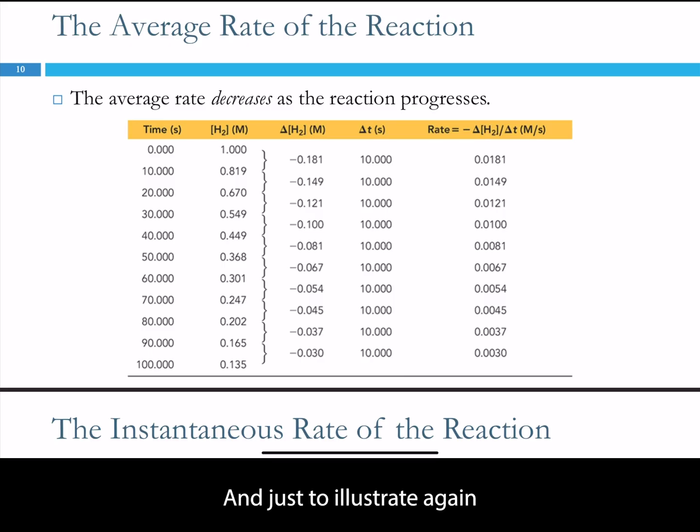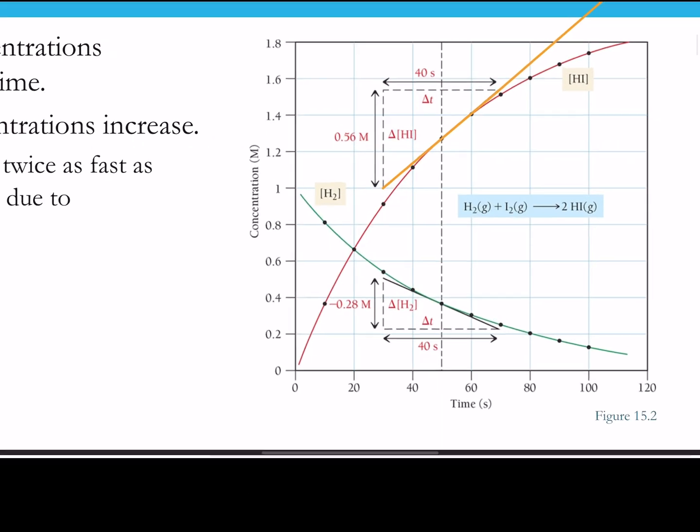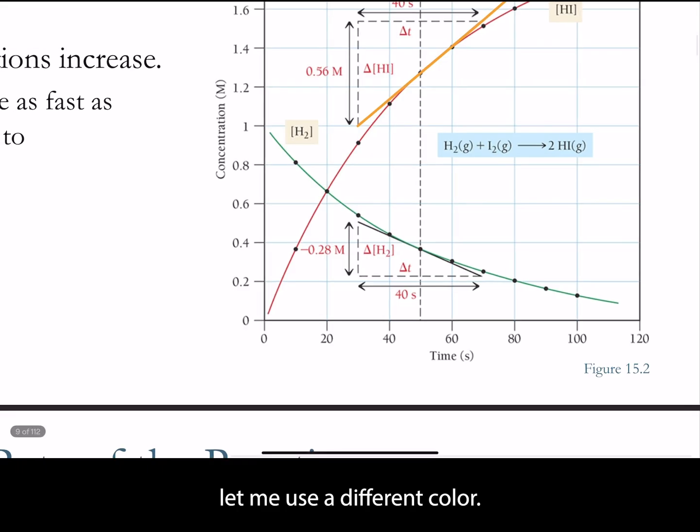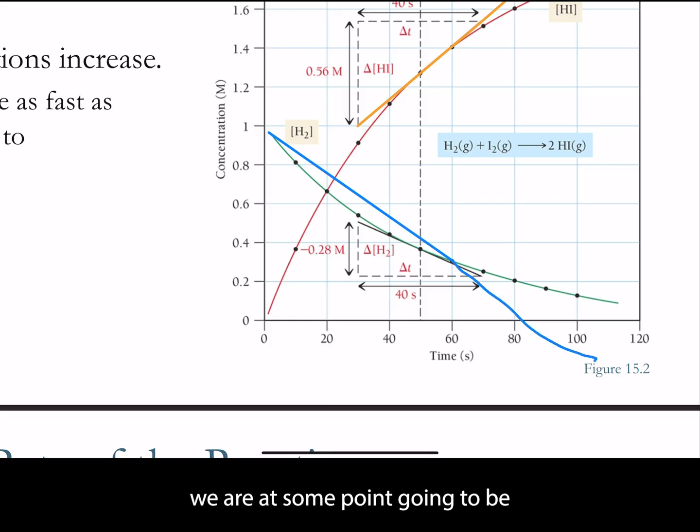And just to illustrate again how we can't really make predictions with this, if I draw a line from our initial point, let's say for the hydrogen, in blue, from our initial time to any of these other points, we are at some point going to be getting away from what the actual curve is.